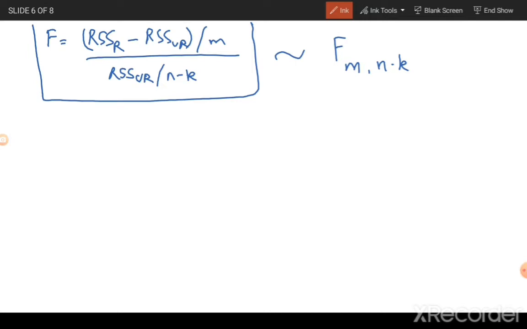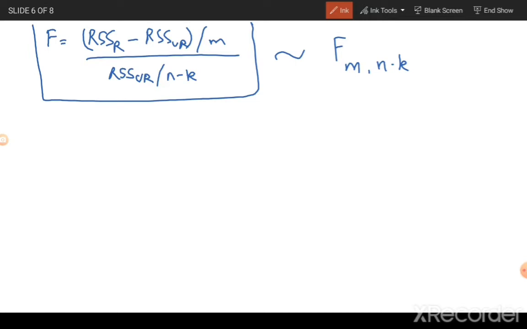As usual, find the critical value at whatever your alpha level of significance is, 5%, 1% or 10% or any other value. And if your calculated F statistic is greater than your critical value, it will fall in the rejection region and you will reject the null hypothesis of the linear restriction.